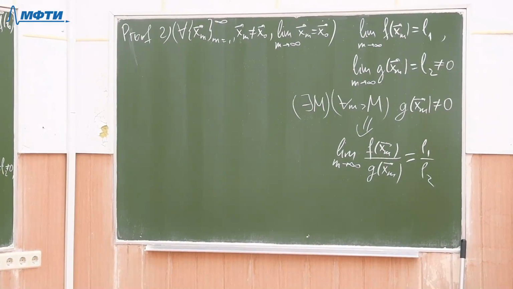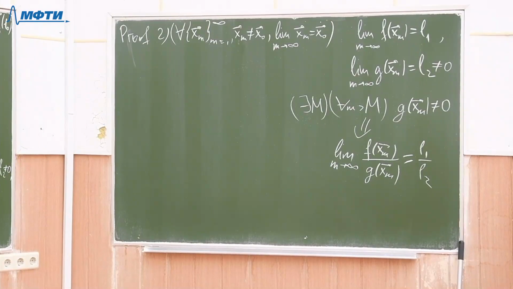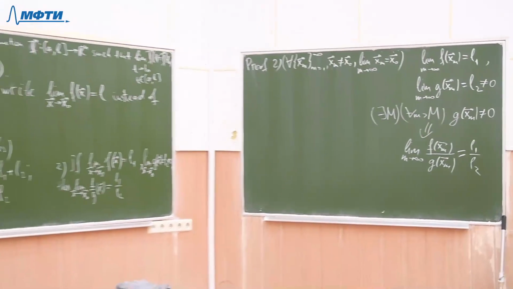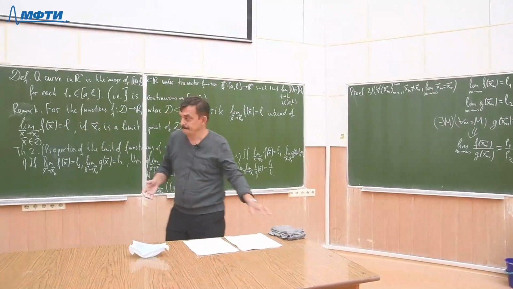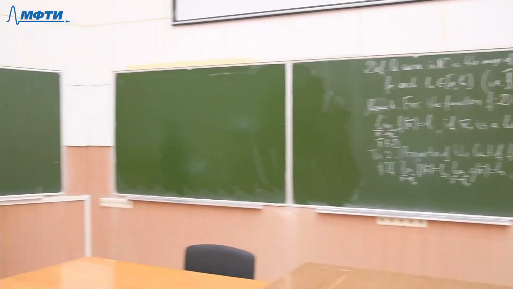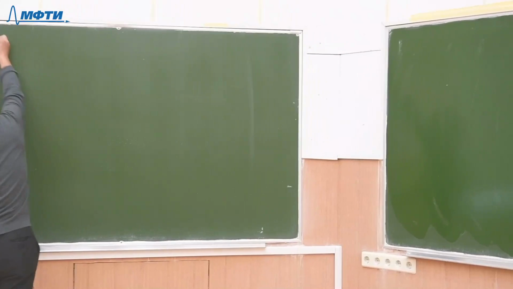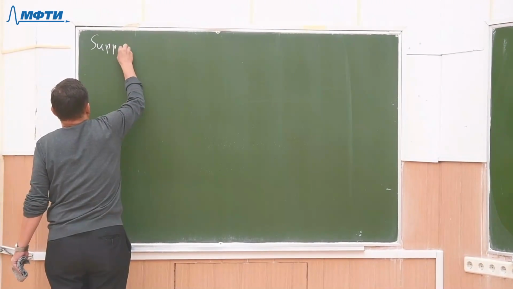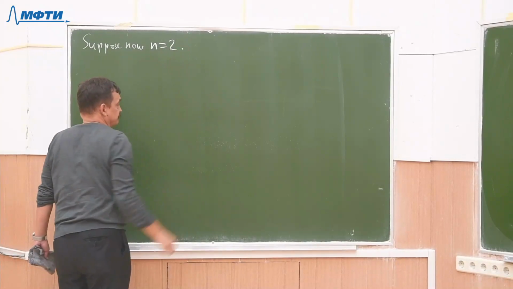Now I would like to discuss a little bit in more detail the limit of functions of several variables. I want to discuss it for the case n equals 2.